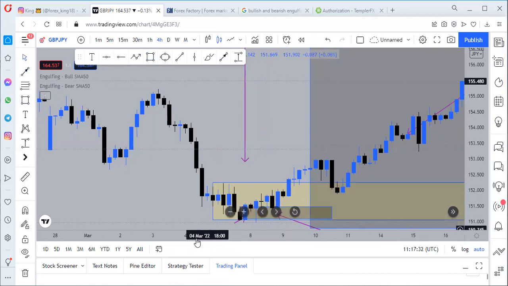Those people who were there with me yesterday, I said that when a bullish engulfing occurs, let me share my whiteboard.